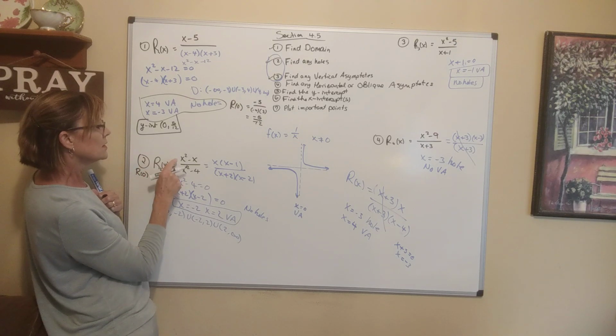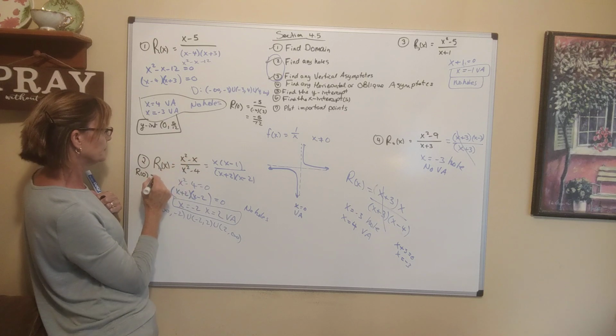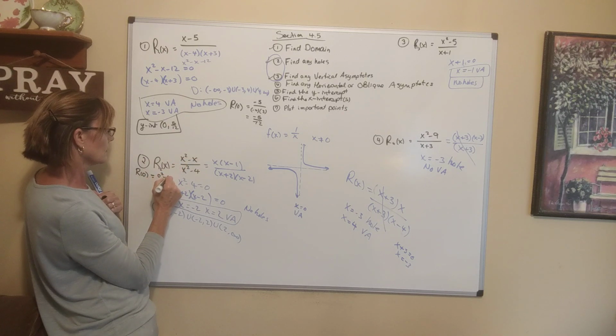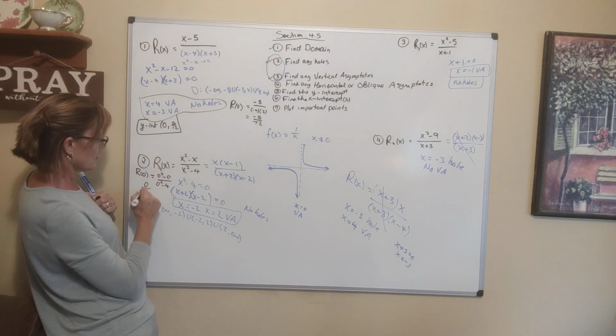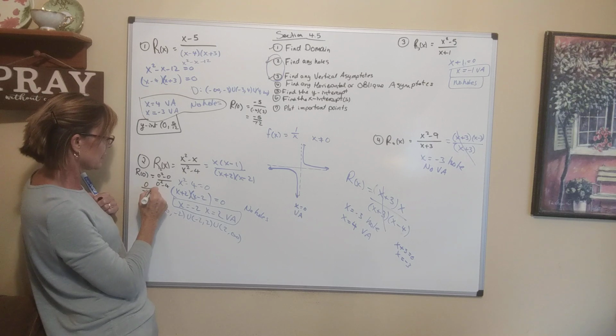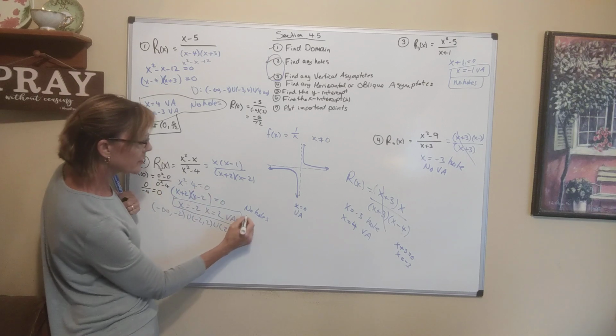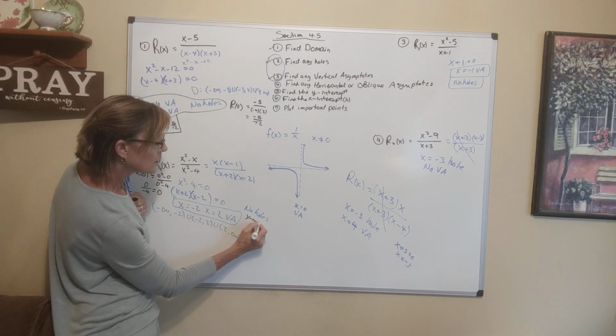What is the y-intercept? Well, we'll say what is r of 0? 0 squared minus 0 over 0 squared minus 4 gives us 0 minus 0 over 0 minus 4. Negative 4 goes into 0 0 times. So the y-intercept here, when x is 0, y is 0.